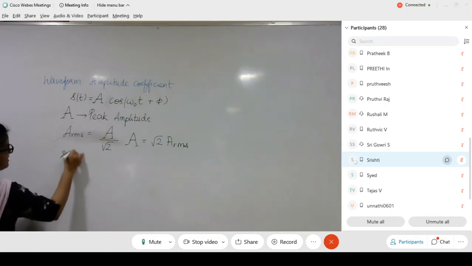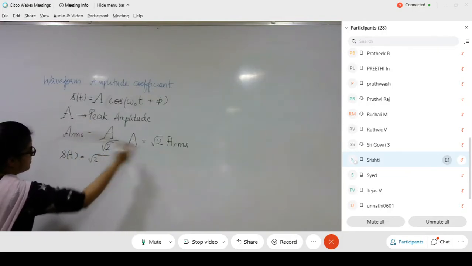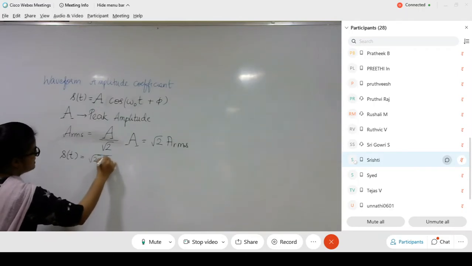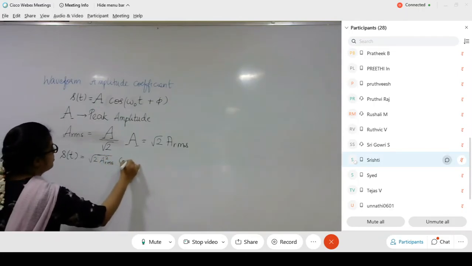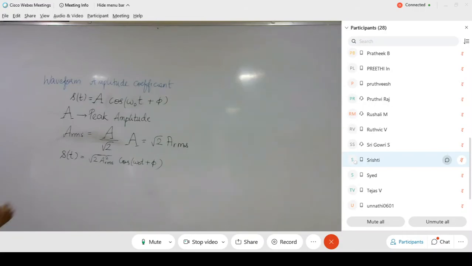So in place of A, I am going to write root 2, and under the root also I am going to accommodate A RMS. So it will be A RMS square into cos omega naught t plus phi. What is A RMS square? What is it going to signify? What will it be measuring, corresponding to a sinusoid?